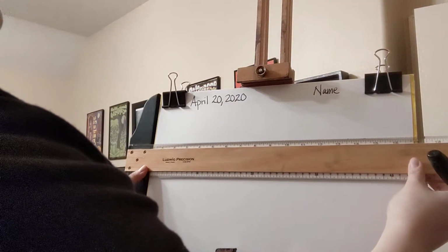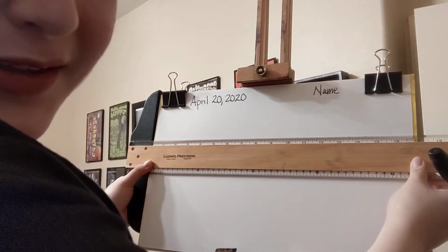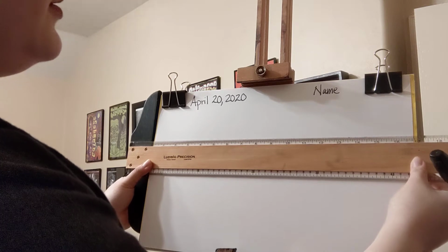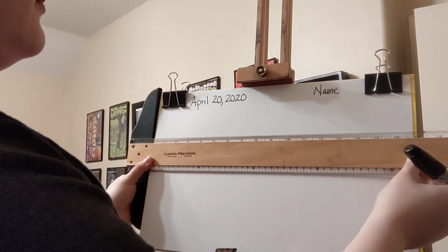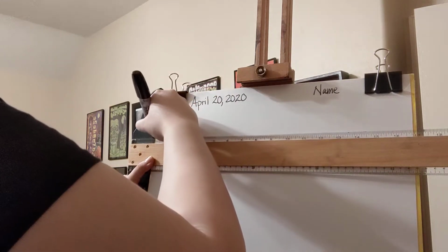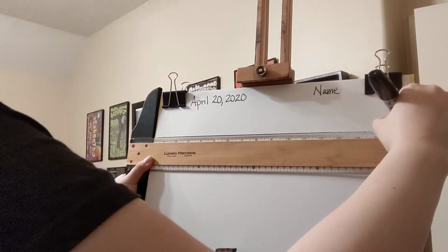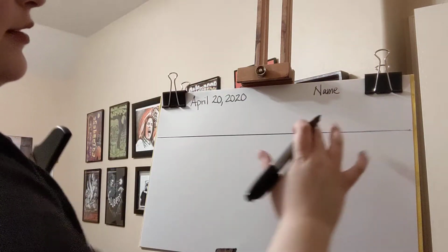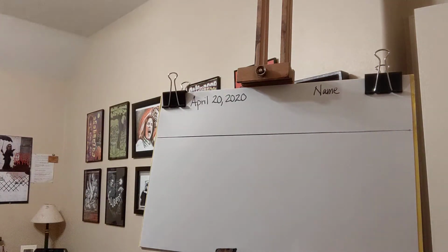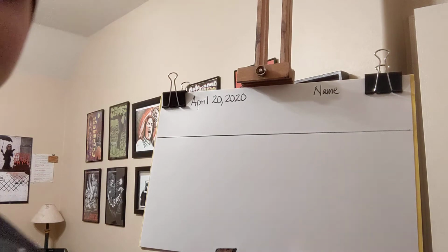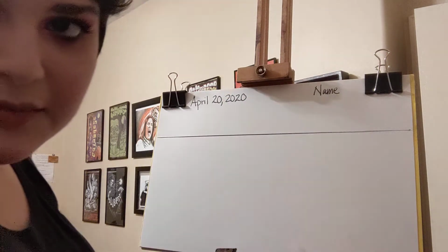Okay, so we're going to do it not exactly in the very middle of the paper, but maybe a little higher, because you want there to be a lot more room down here at the bottom than at the top. Or, you guys can play around with the line placement if you want.